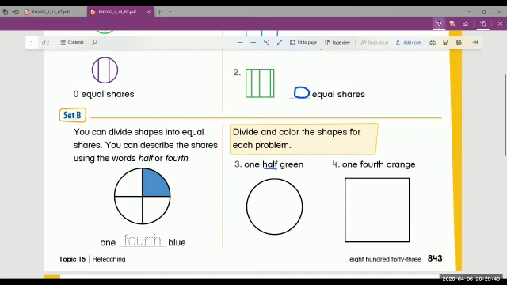So first we will divide into 2 equal shares. Again, I will draw it again. Okay, now we have 2 equal shares. Now 1/2 green. So we will color one share with green.